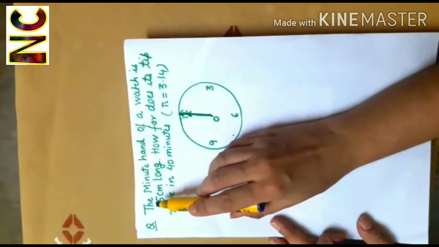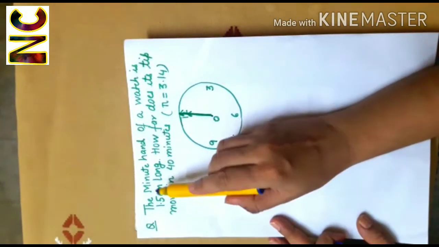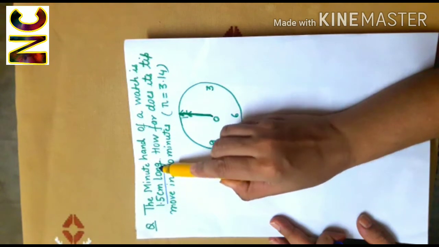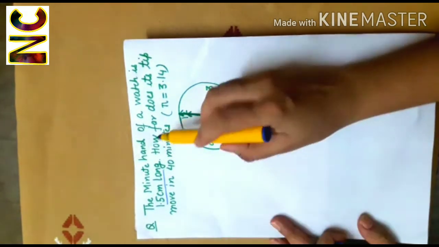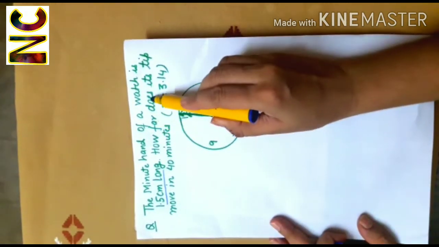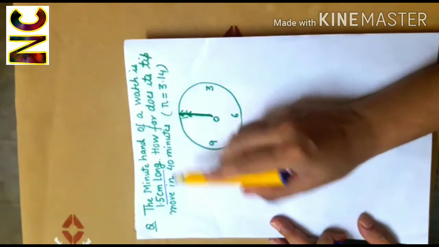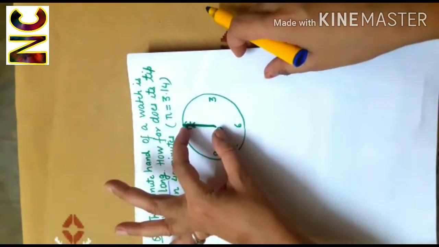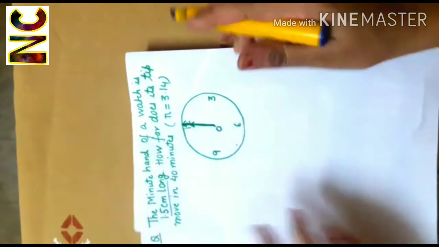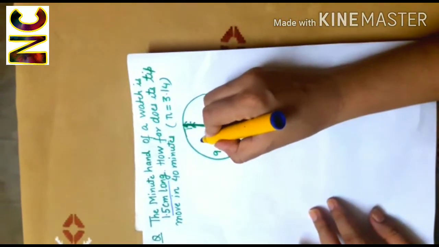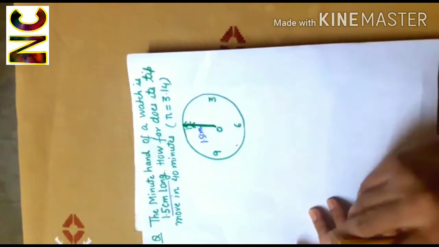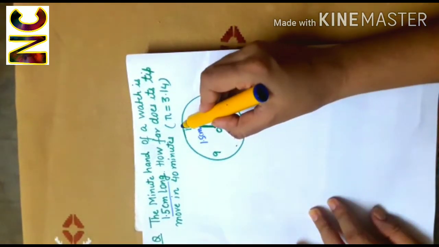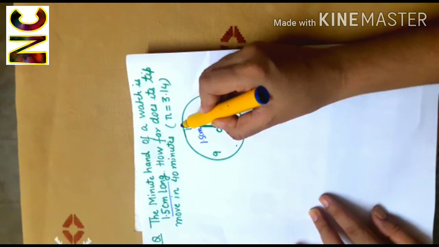Next question is, the minute hand of a watch is 1.5 centimeter long. How far does its tip move in 40 minutes? This is the minute hand of the clock and its length is 1.5 centimeter. This is the tip of the minute hand.